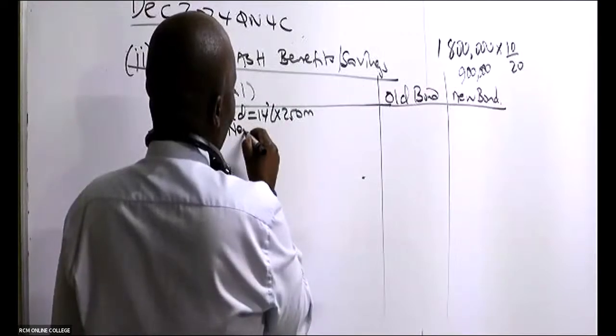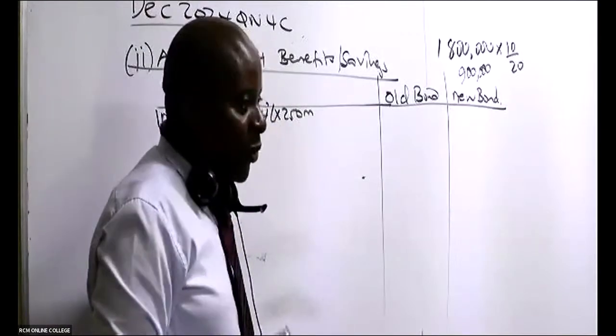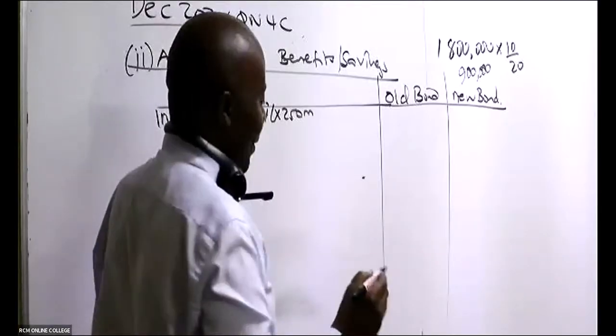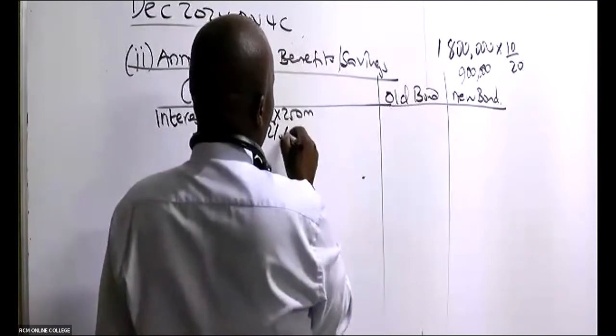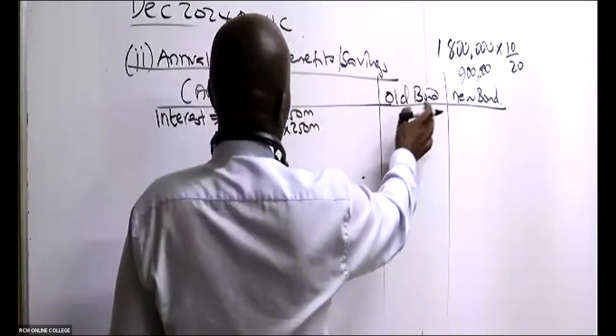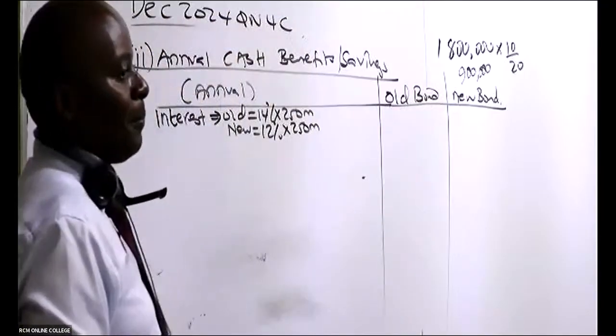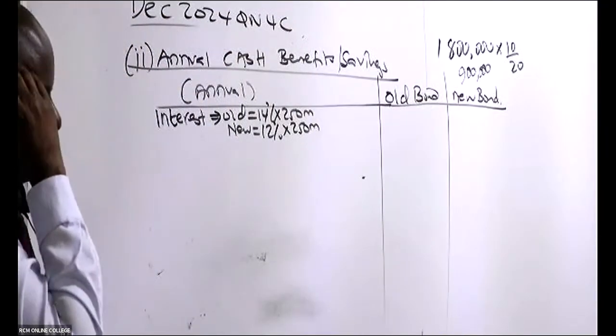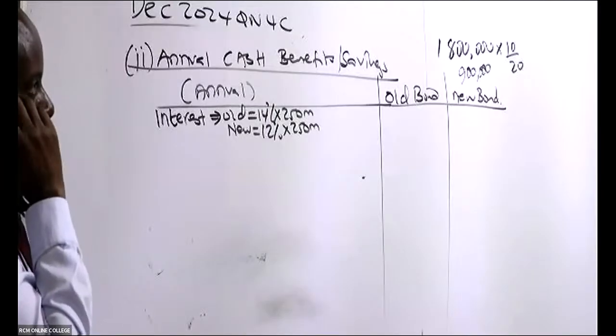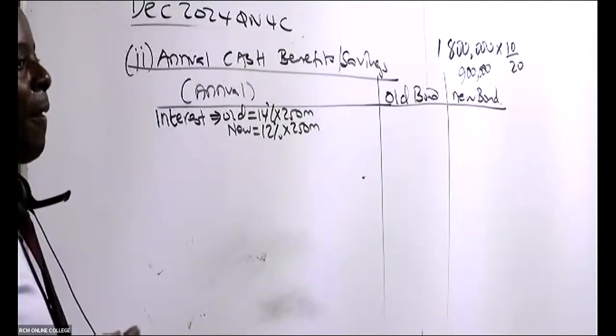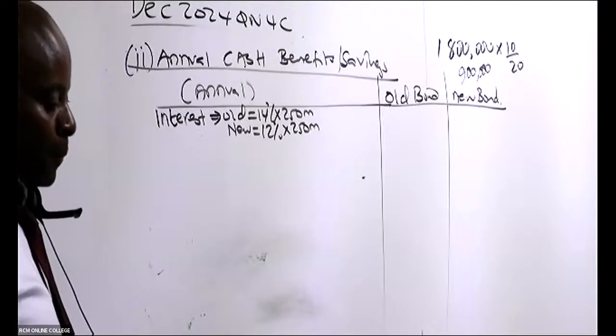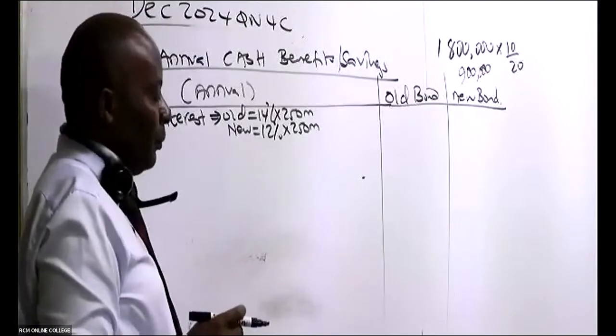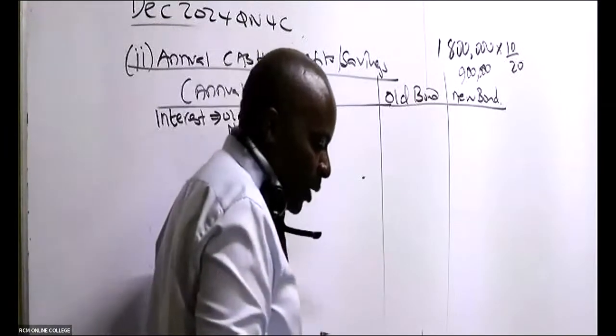The new, is there somebody who is able to remember the new interest? 12%, the amounts will always be the same, 250 million. Please give me these numbers I write there. The first one I'm being told is 35 million.